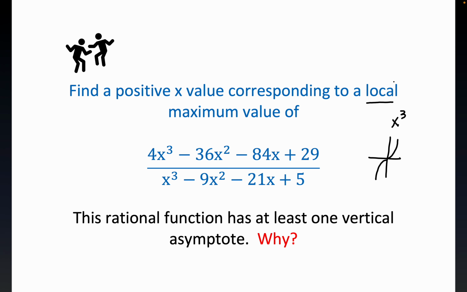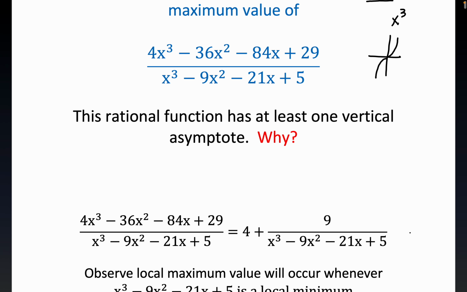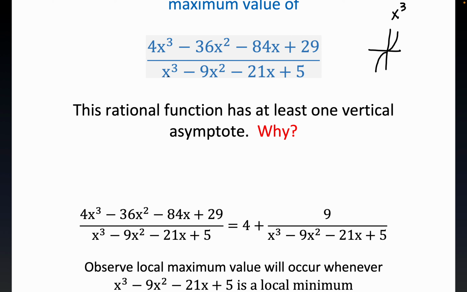So that's why I specified local here, just so there wouldn't be any intimation that it was an absolute maximum value. Okay, now let's get busy on this. Notice right off that 4 times these 3 terms, x cubed minus 9x squared minus 21x, equals the first 3 terms of the numerator.